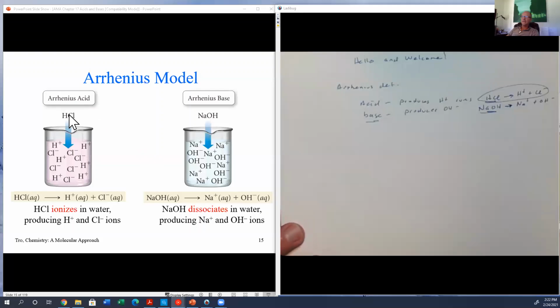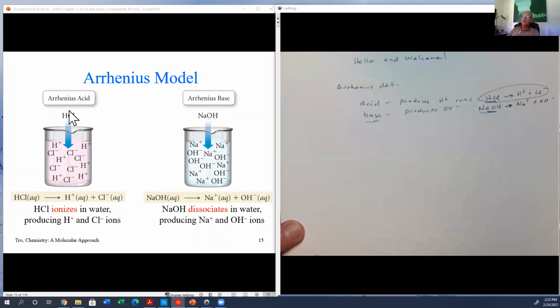So an Arrhenius acid, like HCl, you put it in solution, it completely ionizes. We say that acids ionize, whereas ionic compounds like sodium hydroxide, we say they dissociate. Why the difference? Because ionic compounds contain Na+ ions and OH- ions, so when they go into water, they don't have to form the ions, they just fall apart, they dissociate, and the ions become separate from one another in water.